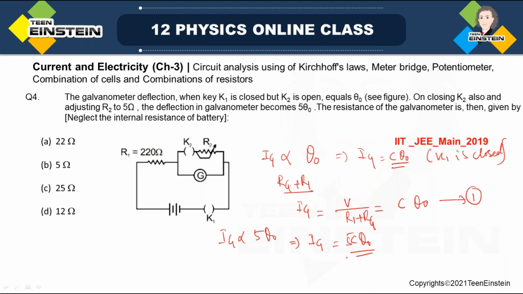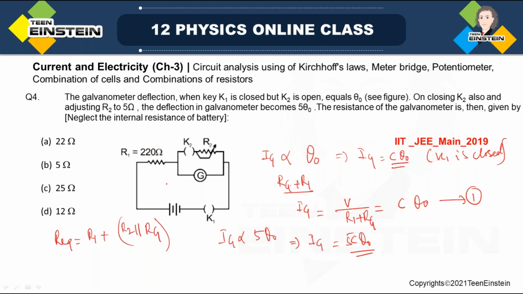Now the question is, on both K1 and K2 they are actually connected, then the equivalent resistance will be R1, this is in series, plus R2 parallel Rg. This will be the parallel resistance.